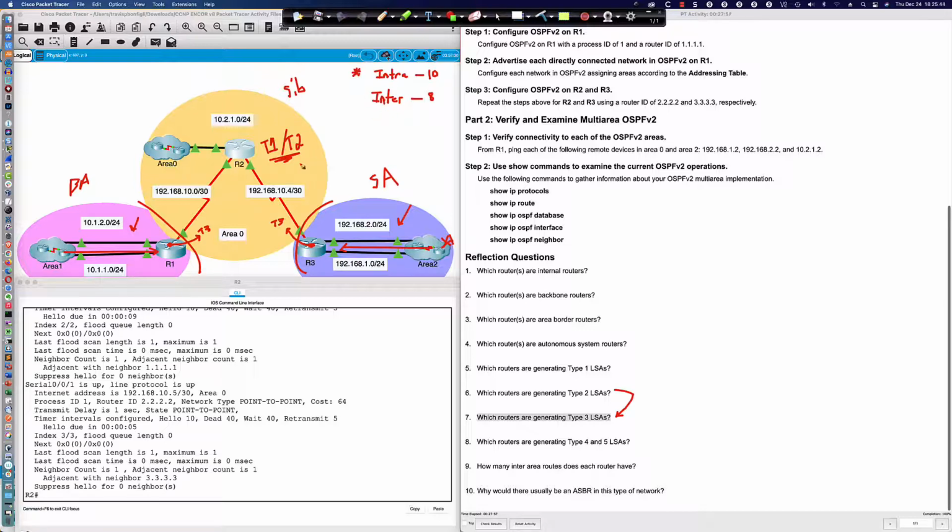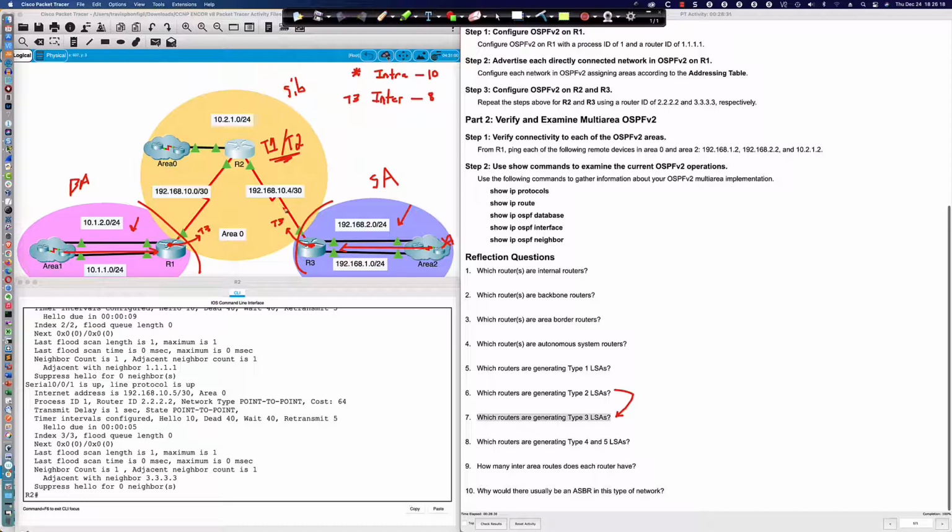Inter-area, because it's not from my area but it is from another OSPF area, is still pretty trustworthy, but not as trustworthy as intra-area routing information. So intra-area would be the type 1 LSA information that I'm learning. Inter-area is the type 3 information that I would be learning coming from other areas, represented by the summary LSA type 3.